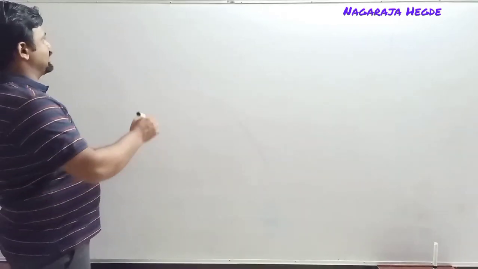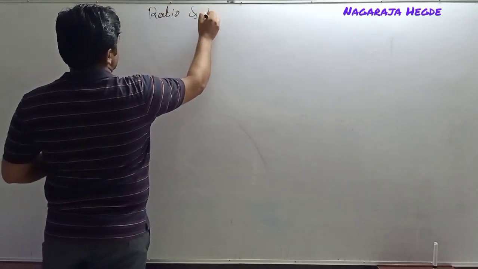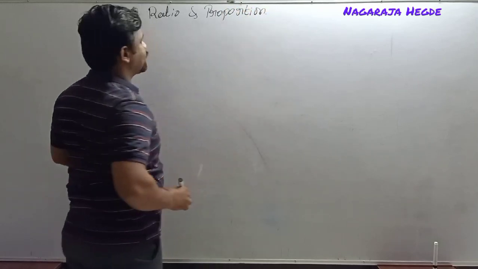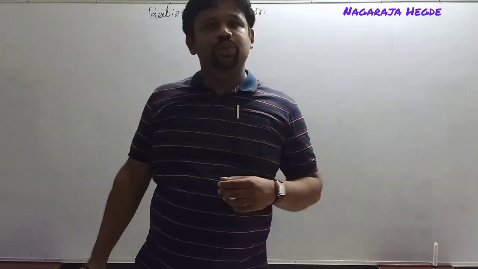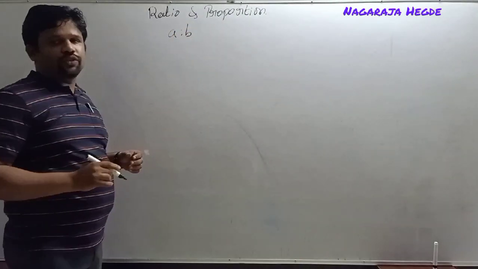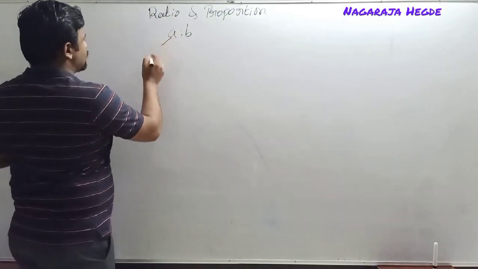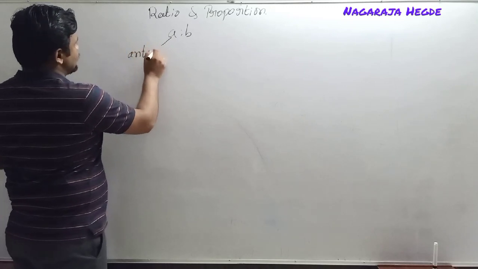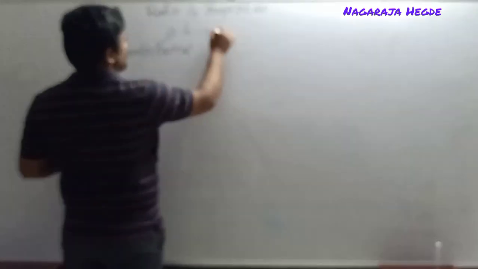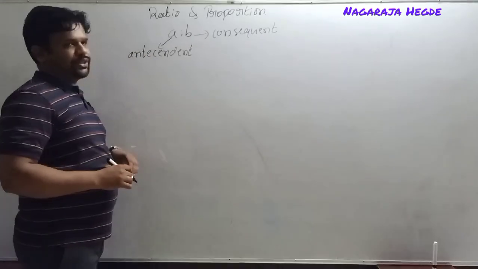One more concept I am going to explain is ratio and proportion. The ratio of two quantities A and B is represented as A is to B, where A is called the antecedent and B is called the consequent.